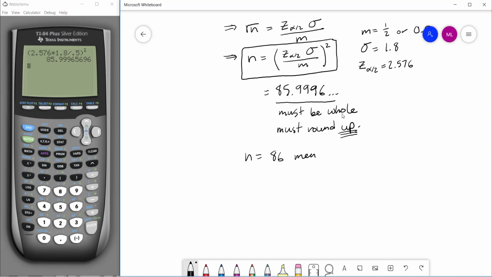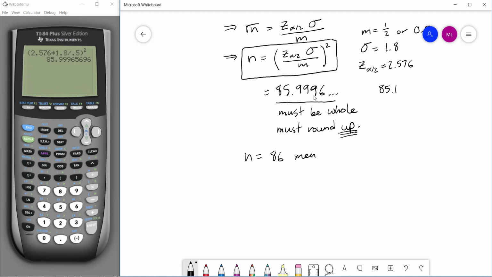But in this case, we're rounding up automatically because this number is one we would round up anyways. But what if hypothetically we'd gotten 85.1? Why do I need to round up in that case?